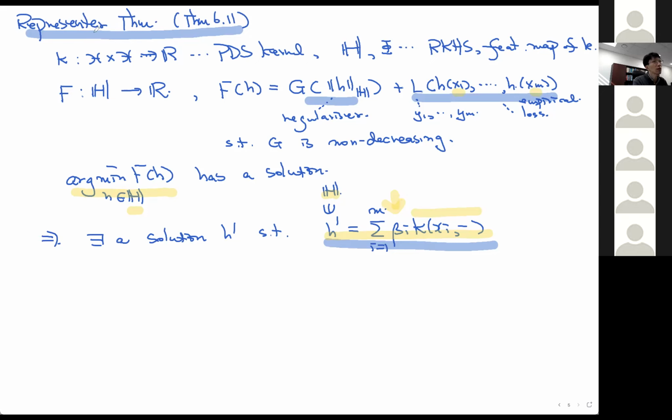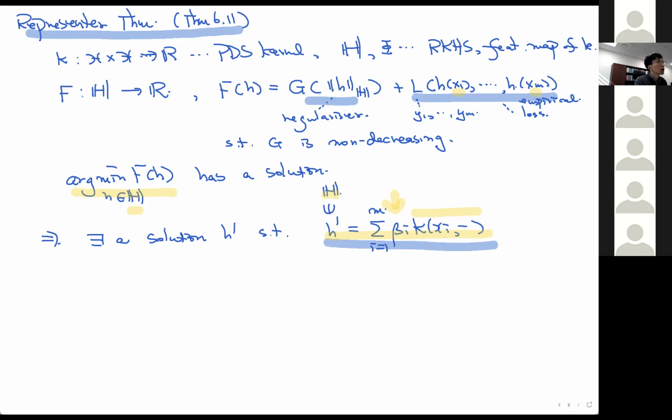So the representer theorem says, in theory, we have a very rich space, but if the optimization is formulated as a regularizer plus the empirical error over the examples in the sample, then whenever there is a solution, we can always find a solution of some nice, simple form.